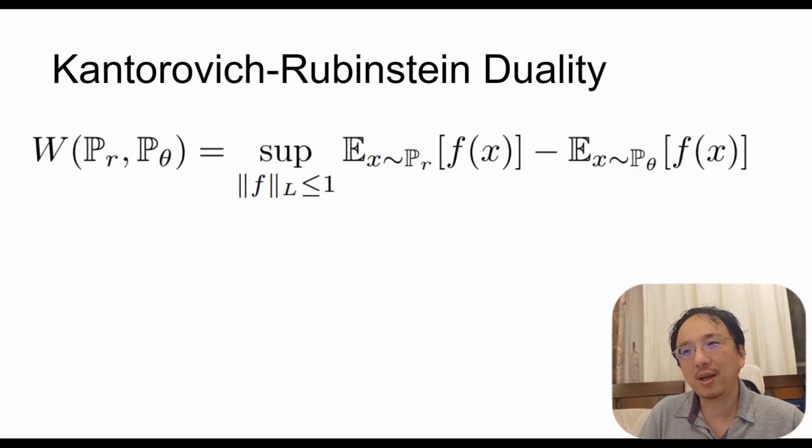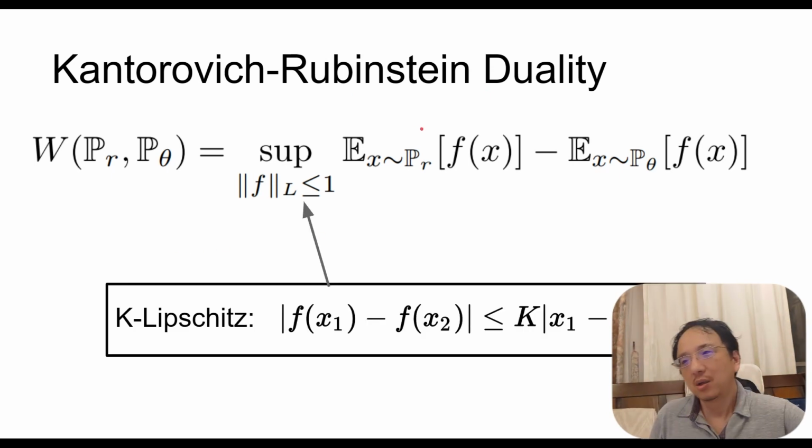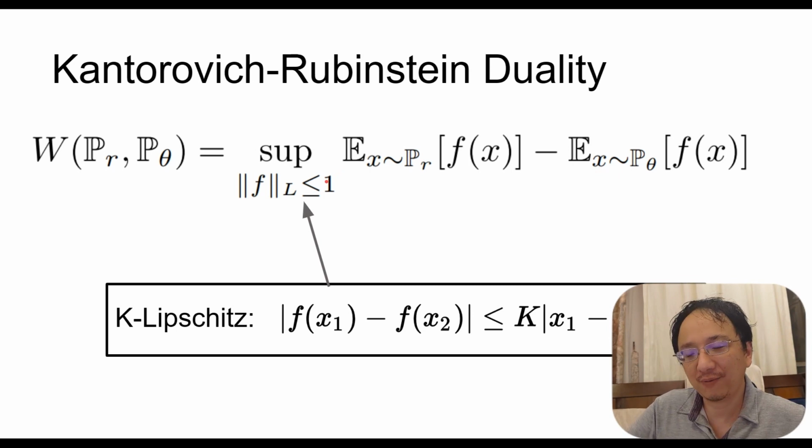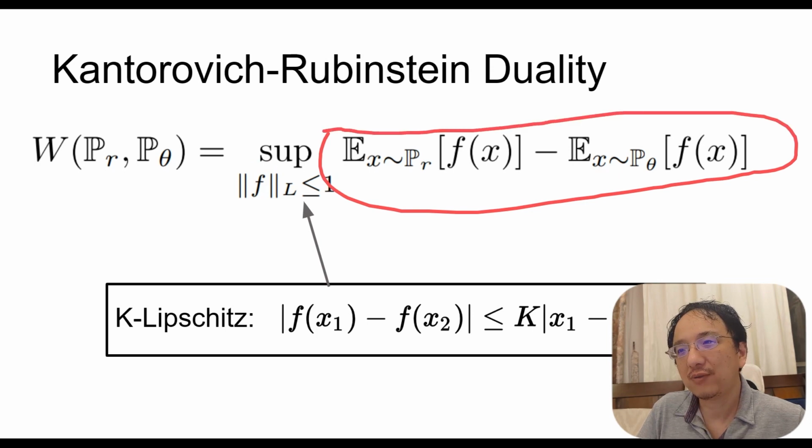The dual form is called the KR duality, or Kantorovich-Rubinstein duality. The duality states like this. We are considering the sup because it is in a dual form; usually the dual form translates an inf into a sup. So we have to consider the sup of this.